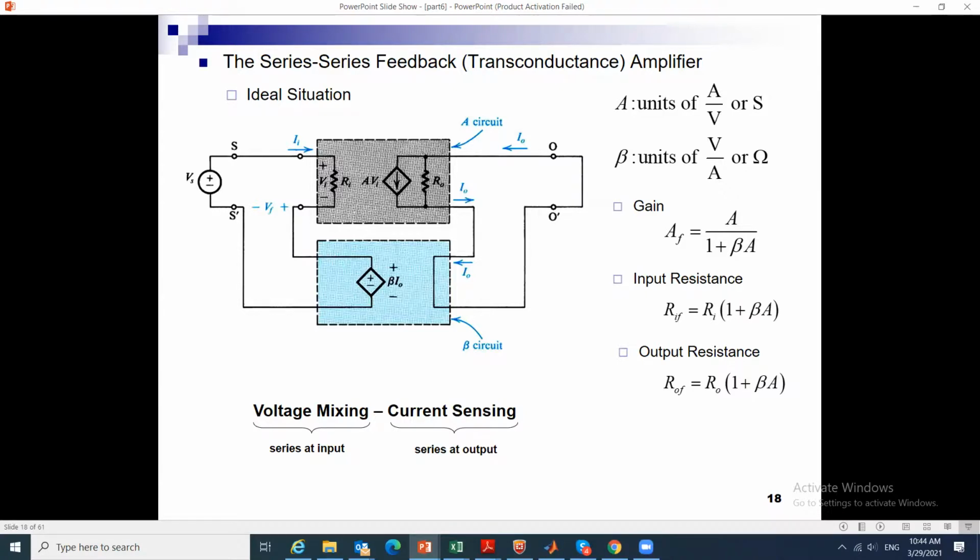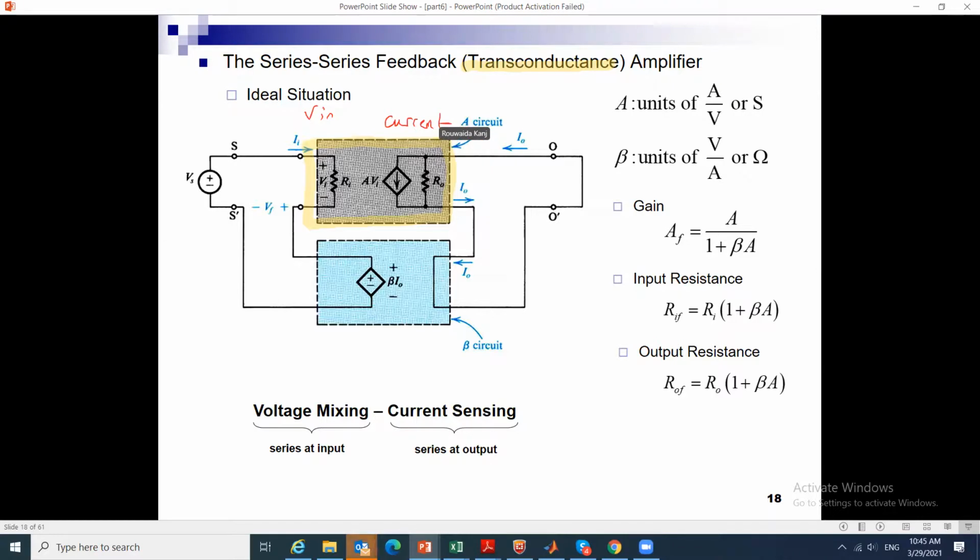He's talking about a transconductance amplifier. So my A block has an input voltage, and the output will be current.